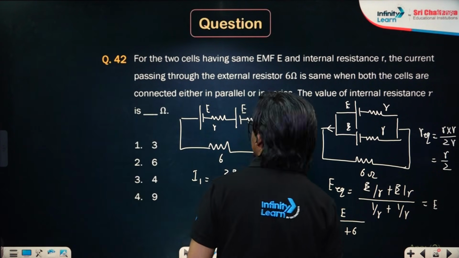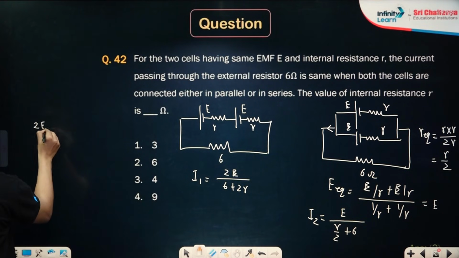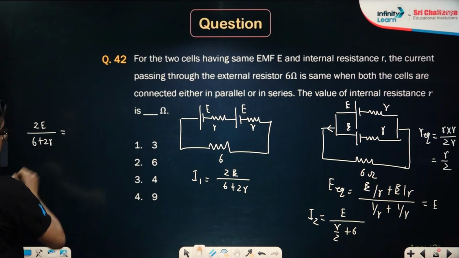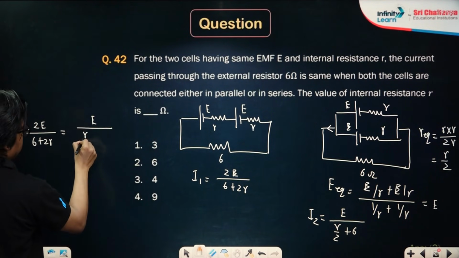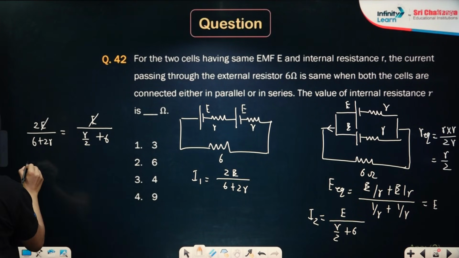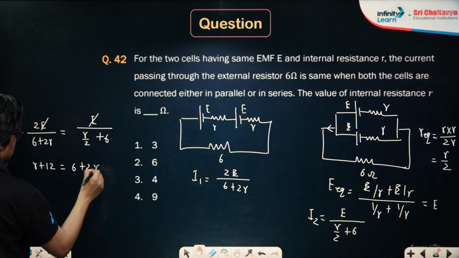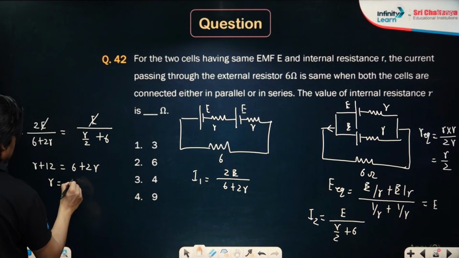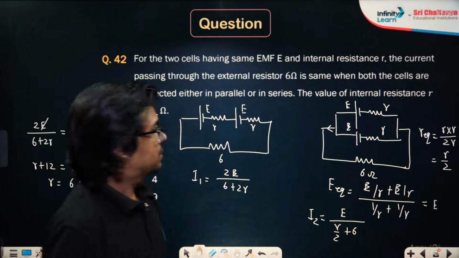So if you put both of them the same, 2E divided by 6 plus 2r, that is equal to E divided by R by 2 plus 6. So E and E cancel out. Now you get R plus 12 is equal to 6 plus 2R, and you can have R equal to 6 ohm. This is the internal resistance.